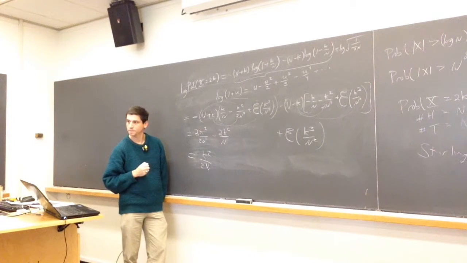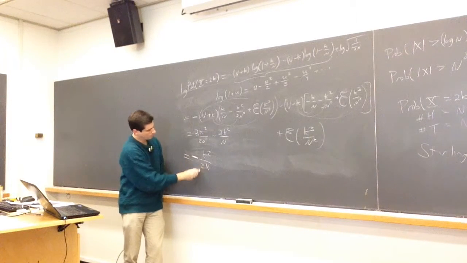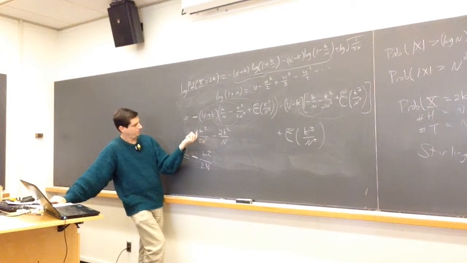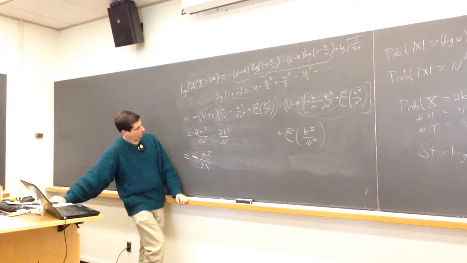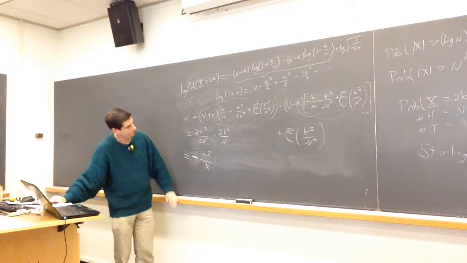I'm sorry? Should it be negative k squared over n? Oh, yes, I'm sorry, I dropped the negative sign as well. I want to make sure I have the right factor of 2. This is just k squared over n. This is 2k squared over n. Oh, so maybe it is just k squared over n? Just k squared over n. Okay.